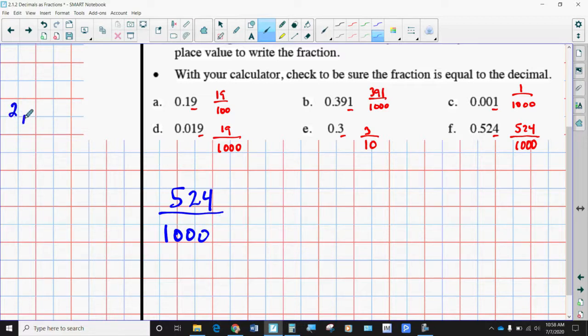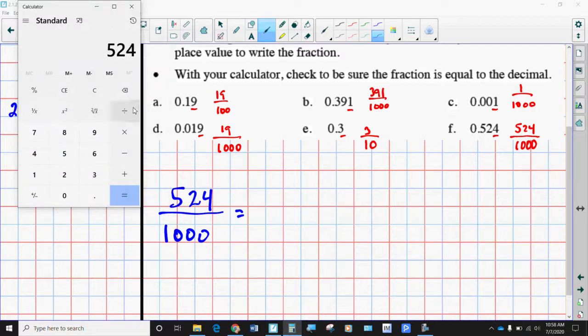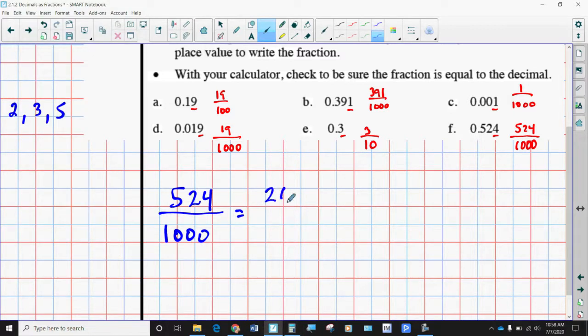Remember, let's start with the 2, the 3, and the 5. Start with the prime numbers. See if we can go from there. So if I divide this by 2, 524 divided by 2 is 262. Is that right? Yeah, 262 over 500.